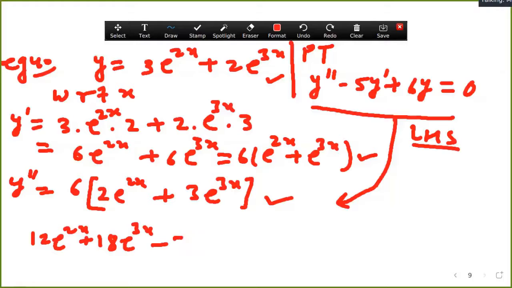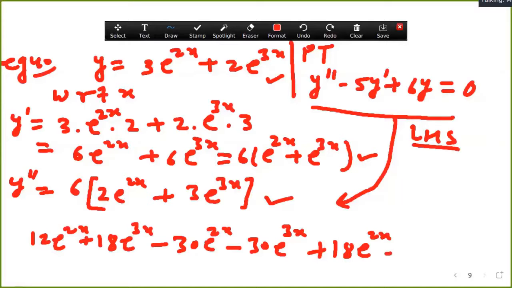This comes out 30 e to the power 2x minus 30 e to the power 3x, plus 6 times y. 6 threes are 18 e to the power 2x, 6 twos are 12 e to the power 3x. This is the left hand side. You can simplify it, 18 plus 12 is 30 and they cancel. What are you getting? 0 is equal to 0.